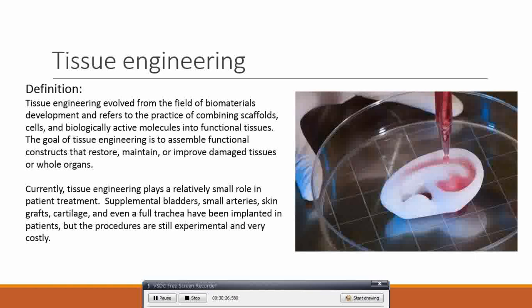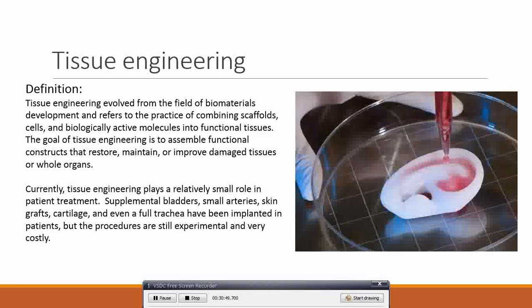Goal of tissue engineering is to assemble functional construct that restore. Ni dia punya aim dia. Dia nak restore balik, maintain or improve damaged tissue as a whole or whole organ. Maknanya bila berlaku kehilangan sesuatu bahagian, mungkin disebabkan kebakaran dan sebagainya, macam mana dia nak improve balik tempat tu?